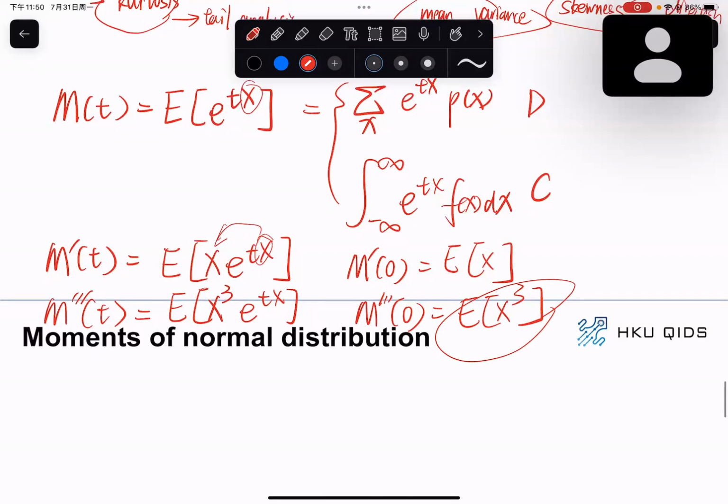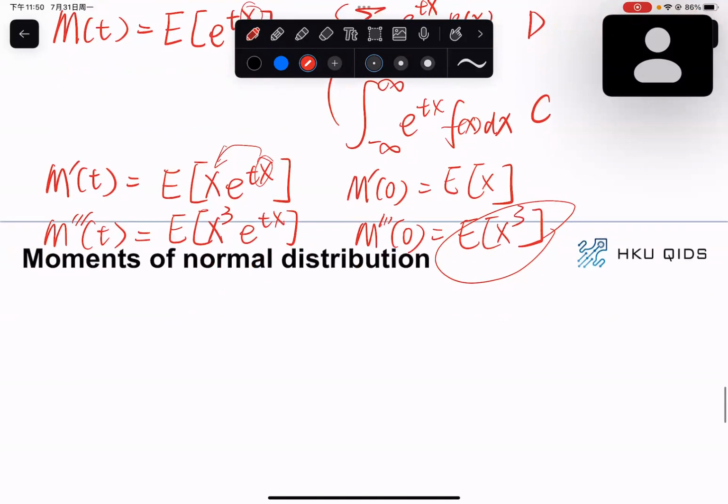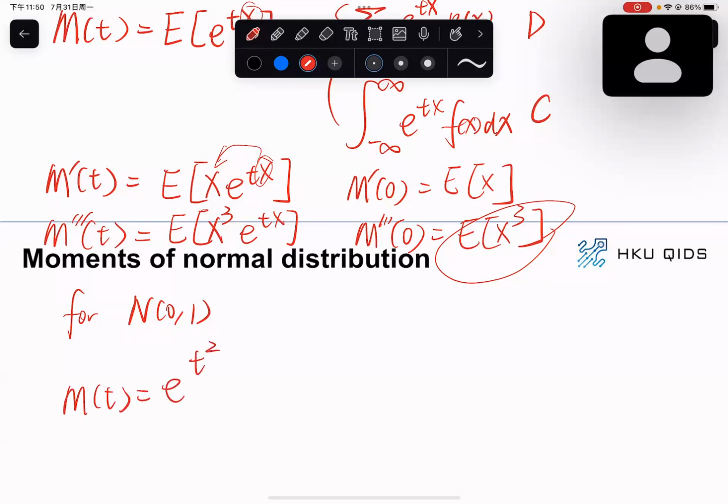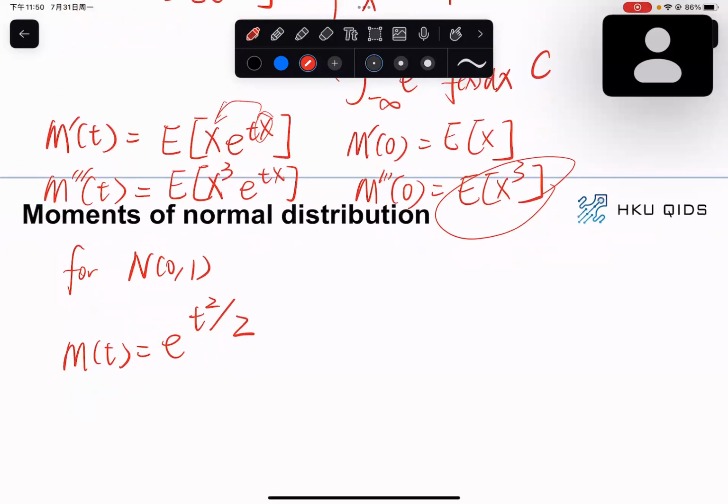I'm going to just tell you the answer here. For N(0,1), M(t) is just equal to e^(t^2/2). If you have good memory, I hope you can remember this one.